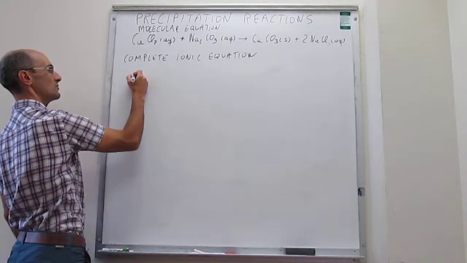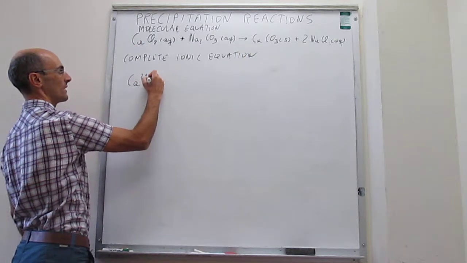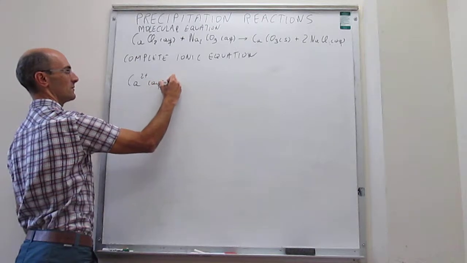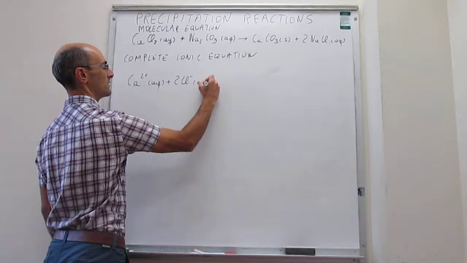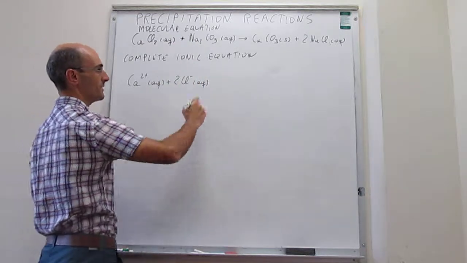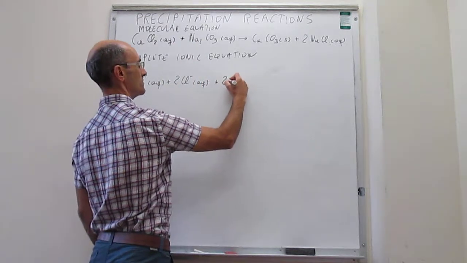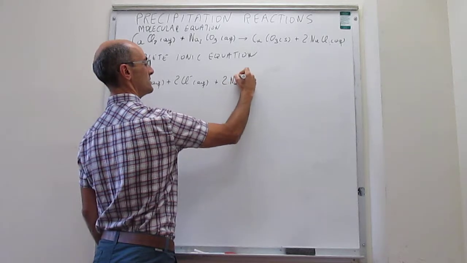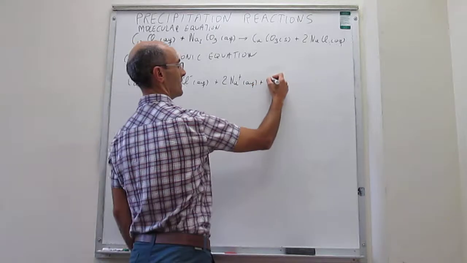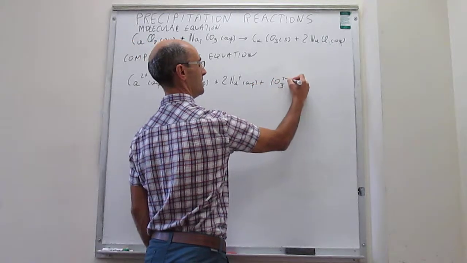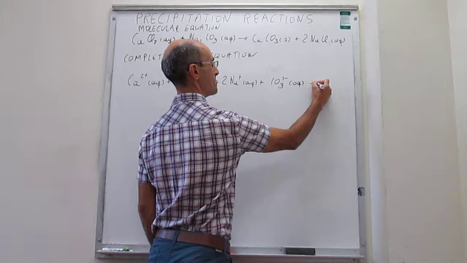Calcium chloride dissociates into calcium 2+, which is soluble, and two ions of chloride, which are also soluble, and then sodium carbonate is going to dissociate into sodium ions, which are soluble, and a carbonate ion, which is also soluble.